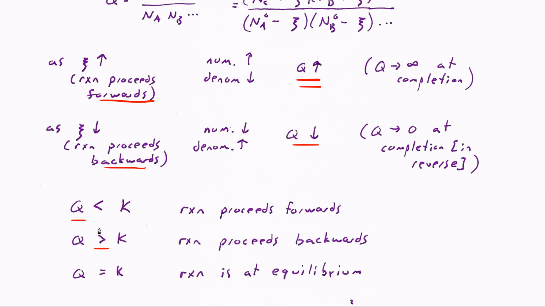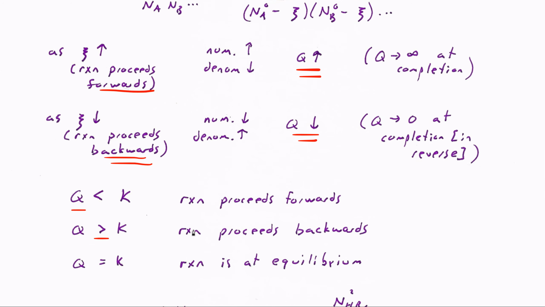If Q is greater than K, it's already too large, then the reaction has to proceed backwards in order to reach equilibrium, because when the reaction proceeds backwards, that'll decrease the value of Q. Either of those things will happen until the point when Q equals K. And when the reaction quotient is equal to the equilibrium constant, then we know the reaction is at equilibrium and the reaction doesn't proceed any further in either direction.